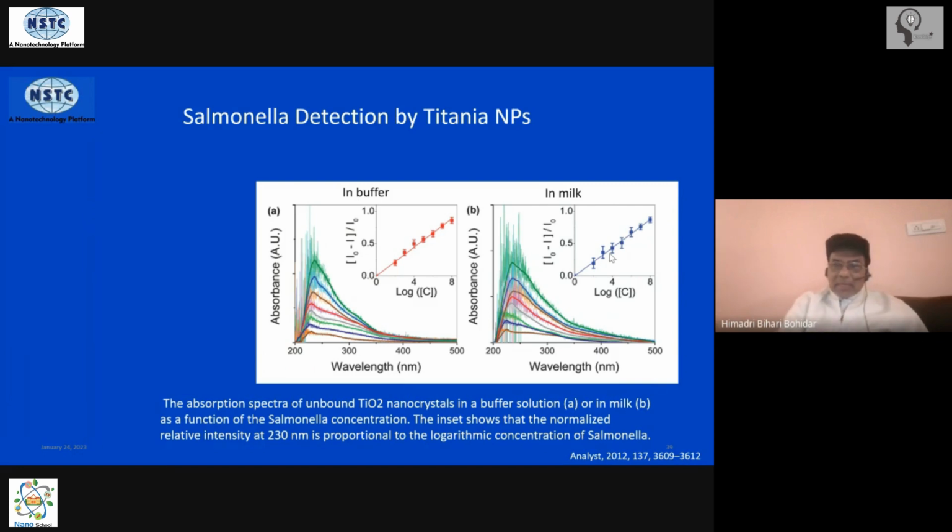Now, in this particular case, we are not able to do colorimetric sensing because the absorption maximum happens to be at something like 250 nanometer. So 250 nanometer is in the ultraviolet region. Our eye is not sensitive to that. We start visualizing things beyond 400 nanometers only. So this is UV visible detection basically. This is not a colorimetric detection, but the detection of the salmonella.